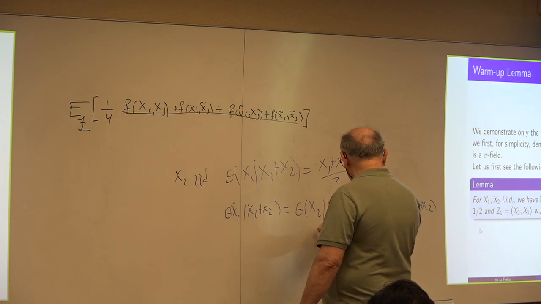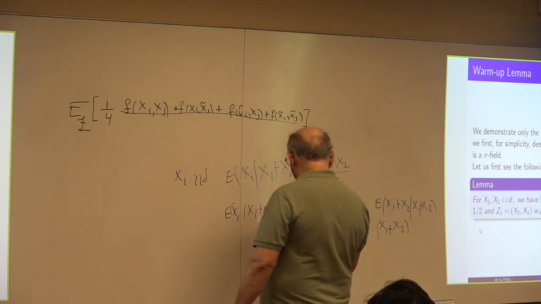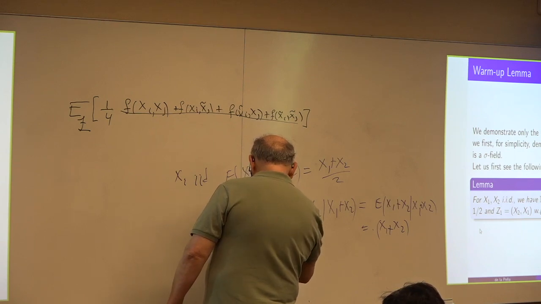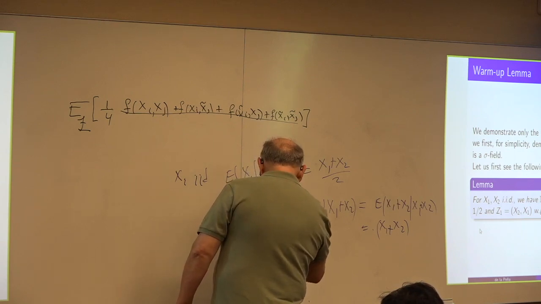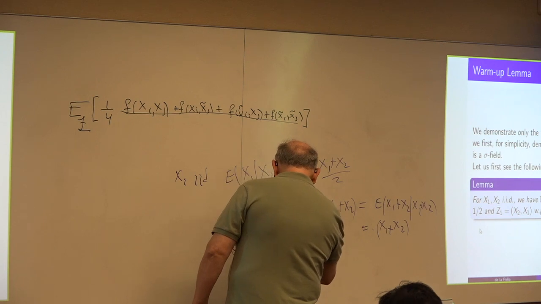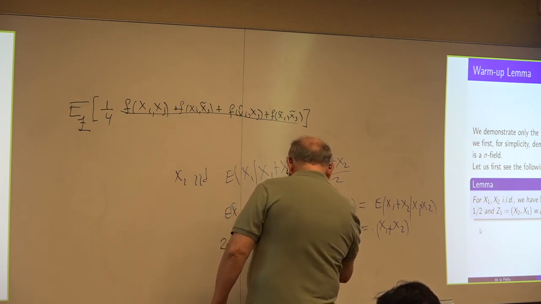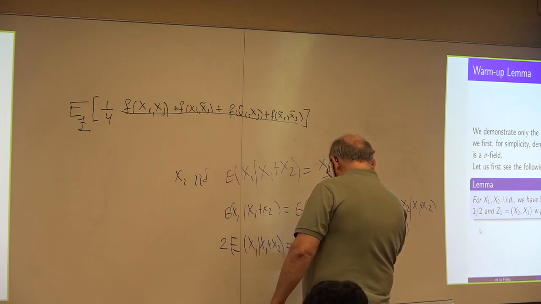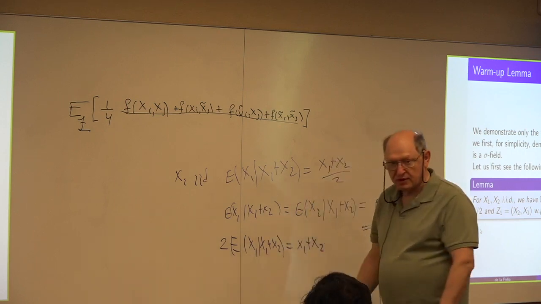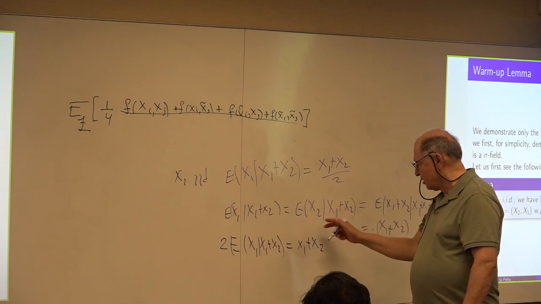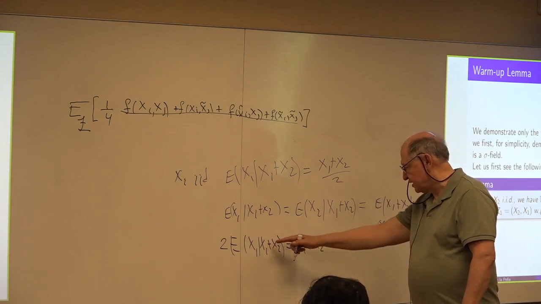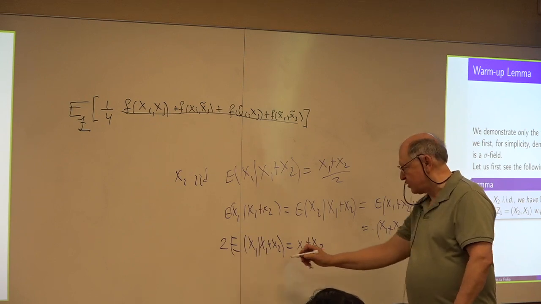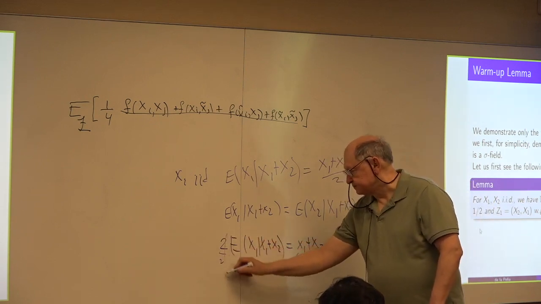Therefore, if I add both, I have 2 times the expected value of x1 given x1 plus x2 is equal to x1 plus x2, because they are equal. And then when I add, I end up with this, and I can take the 2 to the right-hand side.